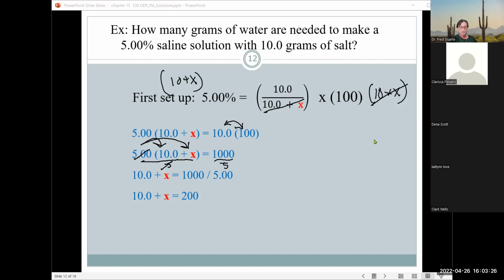They end up with 10 plus x equals 200. Now you're almost there. You want to solve for x, so you subtract 10 from both sides. 10 cancels, so now you've got x is equal to 190. Okay.